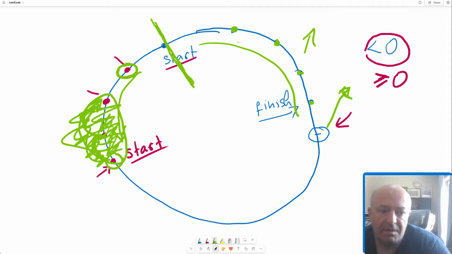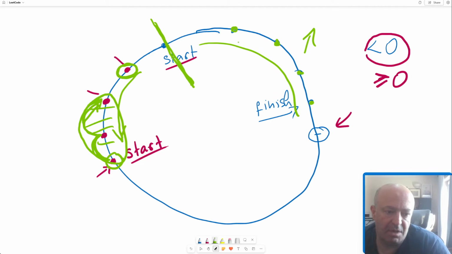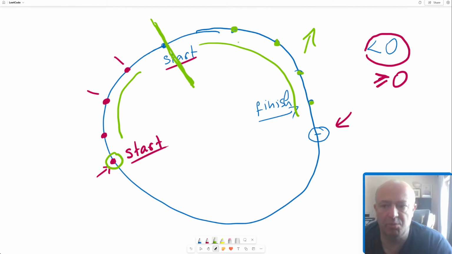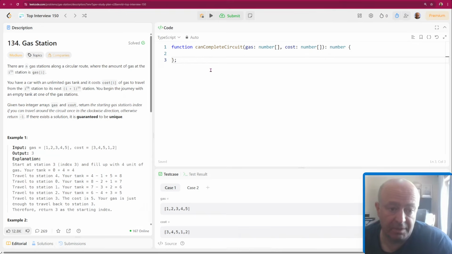So this position would be the first time when we go above 0, not this position here. So that means we are kind of fine. We should be all right with this algorithm. Actually, it means that this is correct. So let's try to implement it.